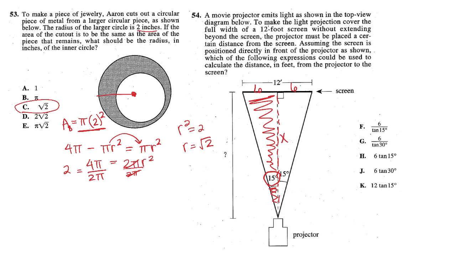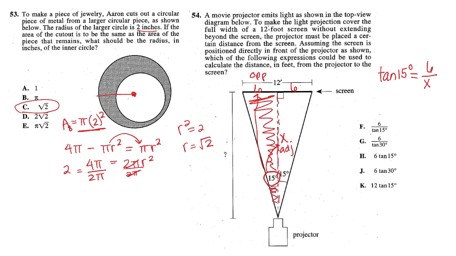So we're looking for this missing side, and that missing side related to the known angle is going to be adjacent. And this side over here is going to be opposite. The only trig function that deals with opposite and adjacent is tangent. So tangent of the angle we're looking at is equal to opposite over adjacent.